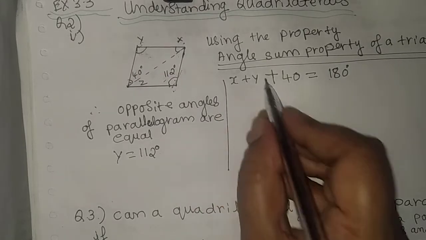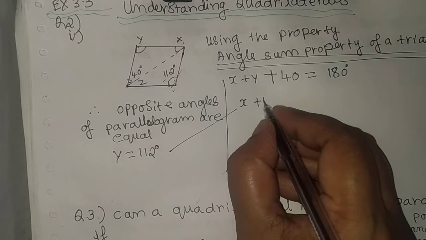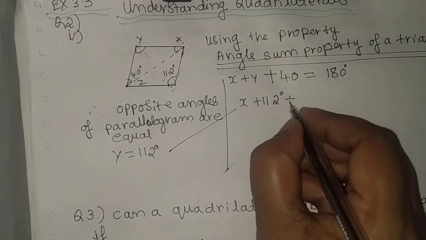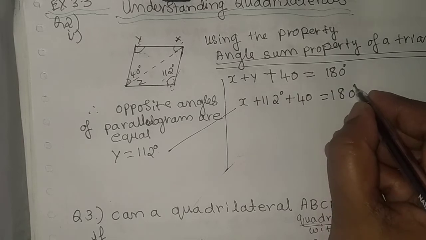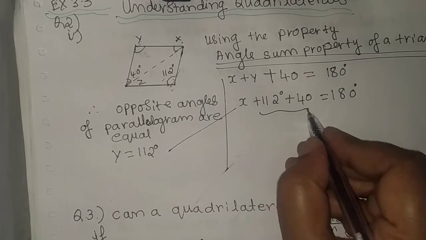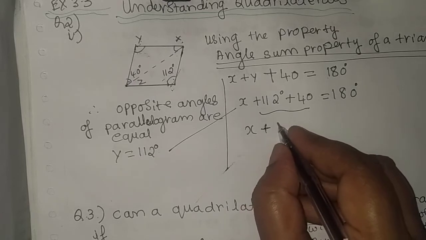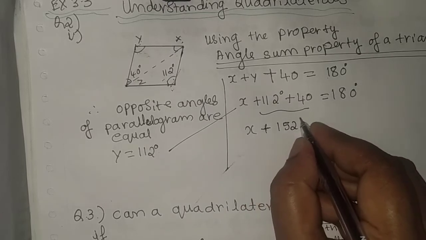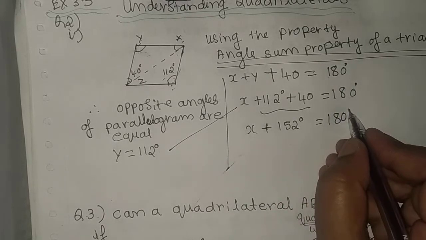Now we substitute y here: x plus 112 degrees plus 40 is equal to 180 degrees. Adding these two, we get 152 degrees, which is equal to 180 degrees.